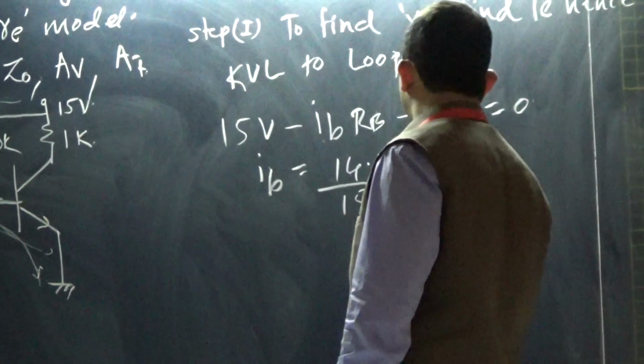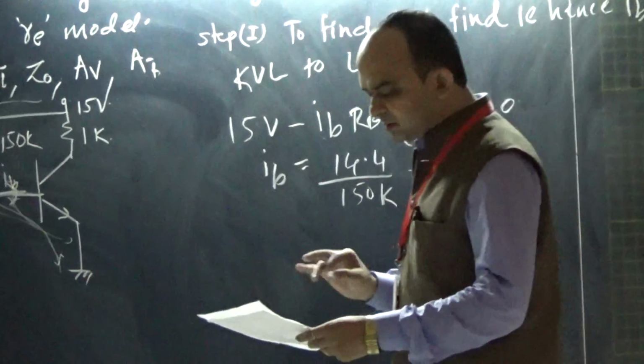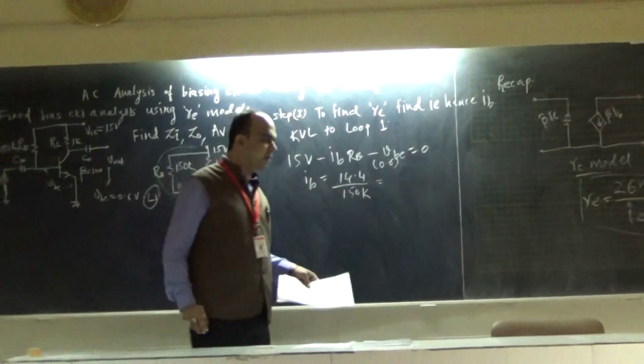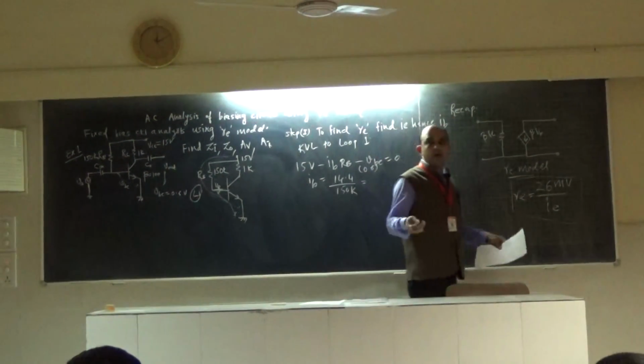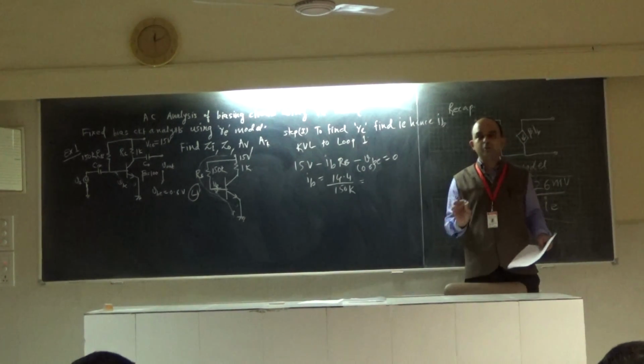Can anybody tell me what is the answer? Practice operating your calculator in the class itself so that there won't be any problem at the end where you have to put kilo ohms. You can use engineering mode if you are comfortable.